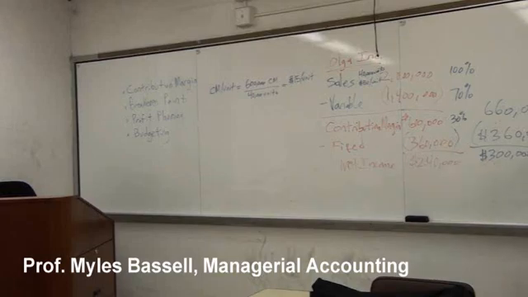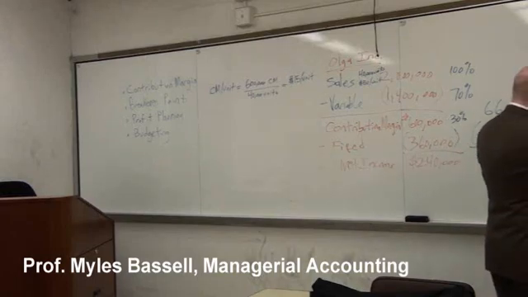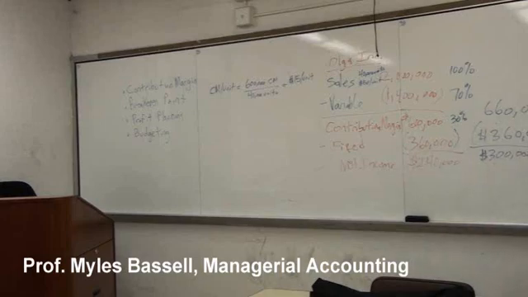So what Crystal did, I think, somewhat intuitively, is she said, well, right, and we're going to do that algebraically, is just solve this algebraic equation, and it gives us a contribution margin of 660,000.